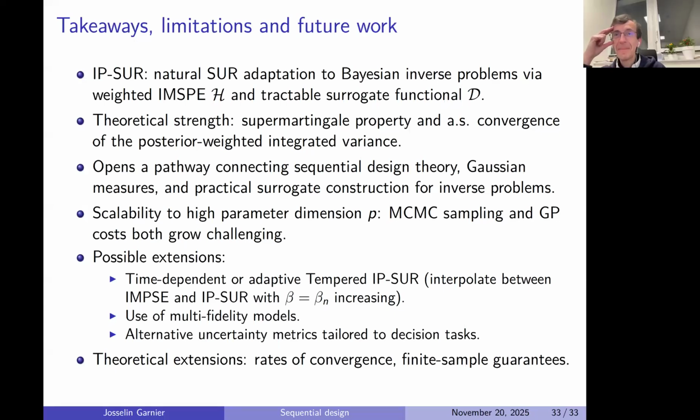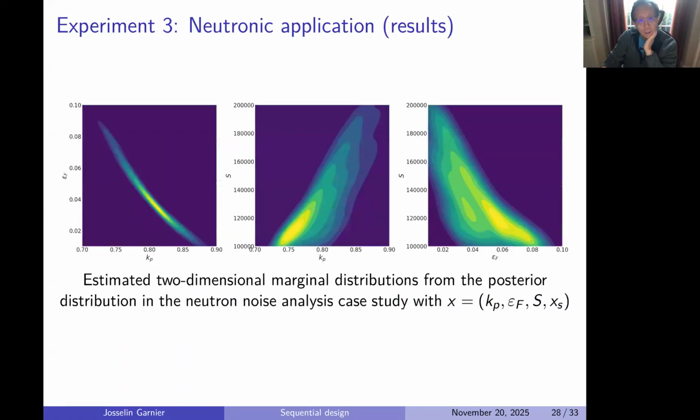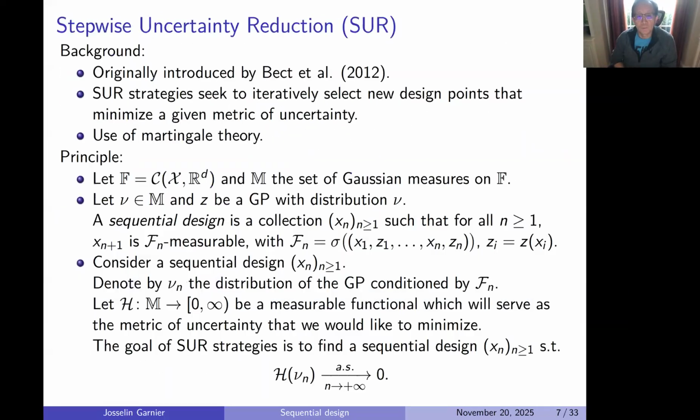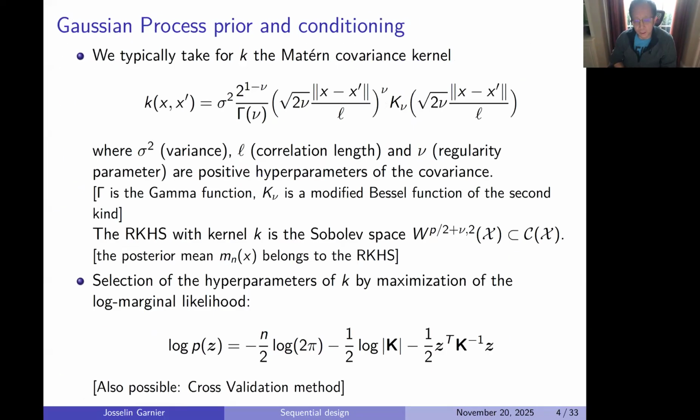I have two naive questions. At the very beginning, you mentioned there are three hyperparameters, sigma, L, and nu. Does that change with the new addition, or was that fixed? No, no, that's just to fix a simple covariance structure. You could use something simpler, for instance, a Gaussian kernel, in which case you have only two parameters, the variance and the correlation length.